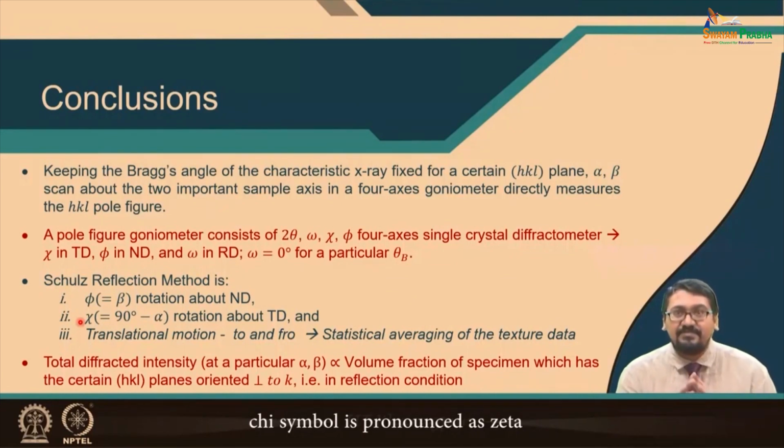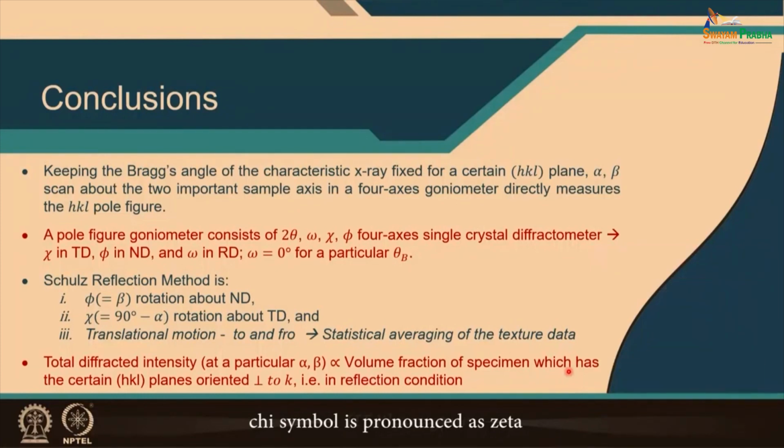Most importantly, this has to follow the Bragg-Brentano focusing condition. Finally, the total diffraction intensity at a particular alpha beta is proportional to the volume fraction of the specimen which has a certain HKL plane oriented perpendicular to the bisector of the incident and the diffracted beam, that is the K, and that is the reflection condition.